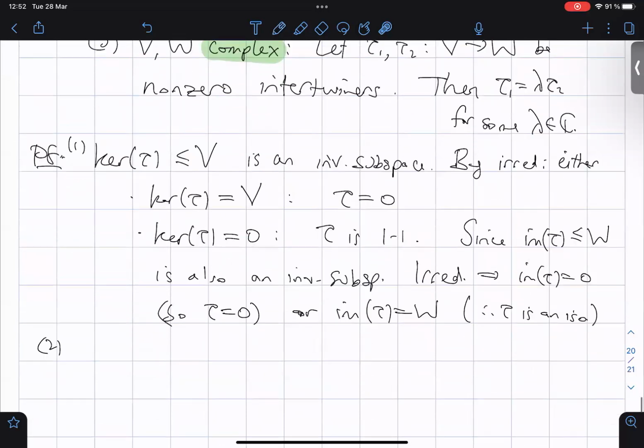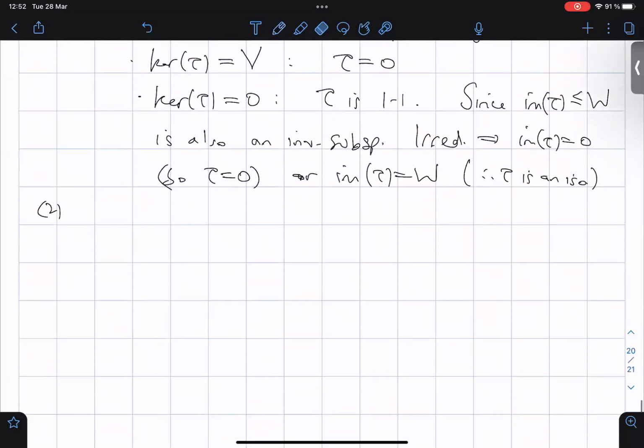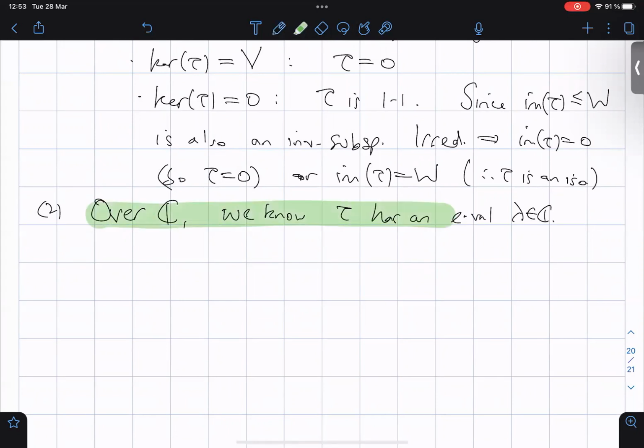We've seen this used in the SL2 discussion earlier when we were classifying things. So over C, we know that tau has an eigenvalue. That's a nice thing to see.